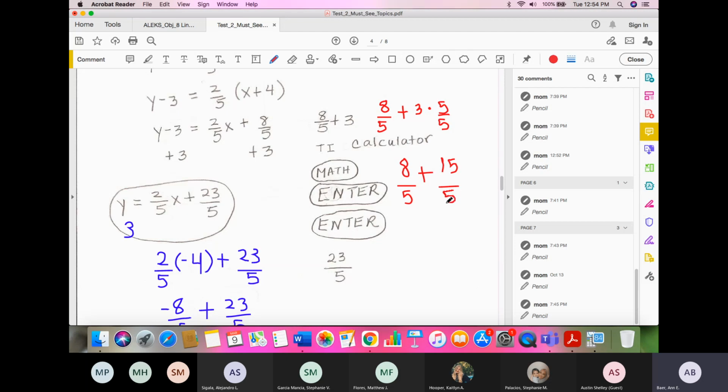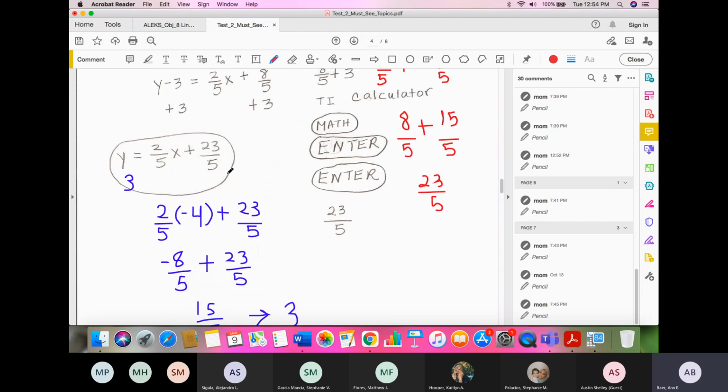Now we just have to add the numerators. 8 plus 15, so 15 plus 8 is 23 fifths. And that's what this part of this problem is, 23 fifths added on at the end here. So the answer is y equals 2 fifths x plus 23 fifths.